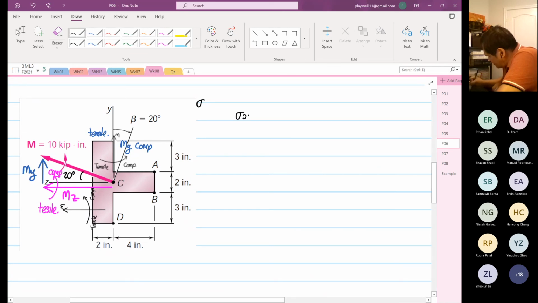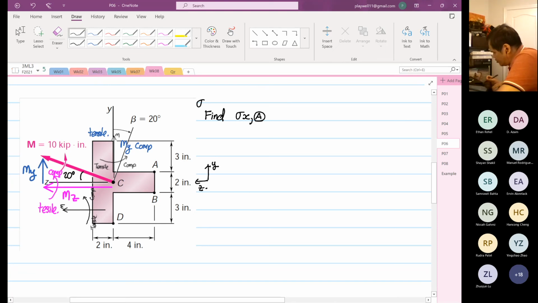Okay. So by looking at this, we're going to find stress X. You have to be careful at point A. We're going to find stress X at point A over here. Okay. So a good thing to remind us that this is the Y distance and this is the Z distance.